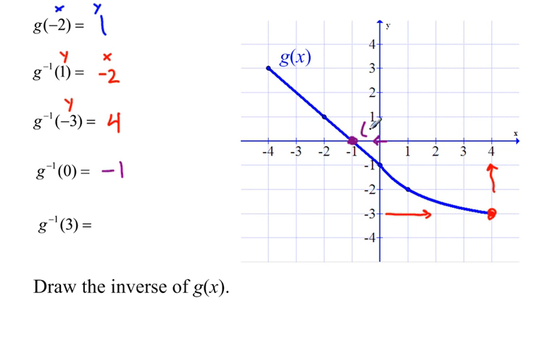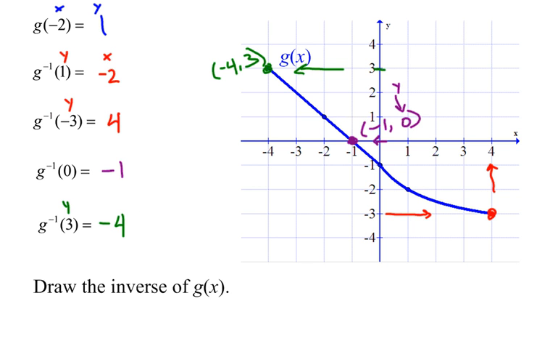So we can see also this is the point (-1, 0). So we were plugging in the y, we got an x value of -1. One more. Here we've got a y value of 3. So here's a y of 3 that goes across to this point. This point's at (-4, 3). So when our y value is 3, our x value is -4.